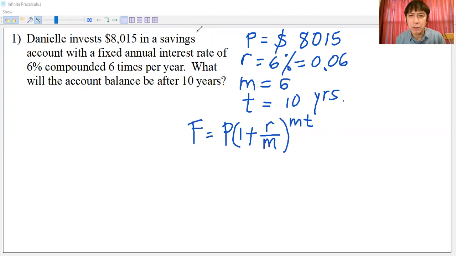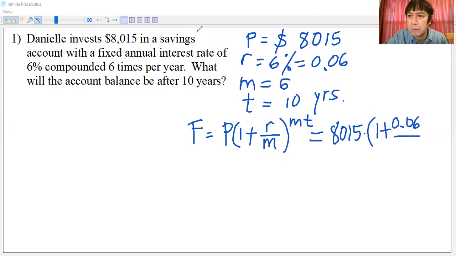All right, this is the formula. We shall write the data. So this is equal to 8015 times the quantity 1 plus 0.06 over 6, close parentheses, raise to the power 6 times the 10.